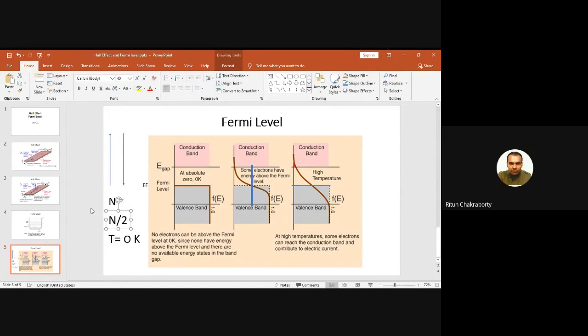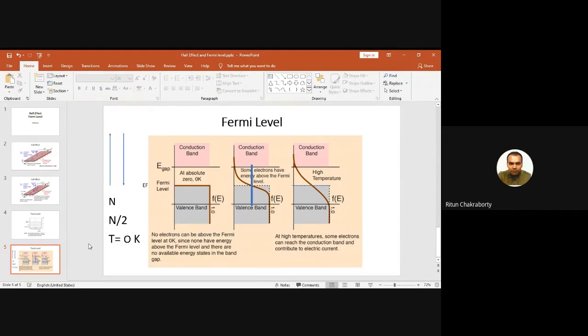Any energy level above N by 2 will be vacant or empty, and any energy level below N by 2 will be completely full. But under what condition? Under the condition that the semiconducting material has to be maintained at 0 Kelvin temperature.